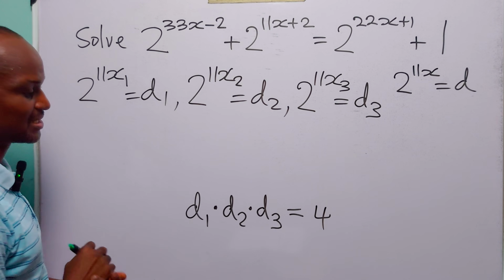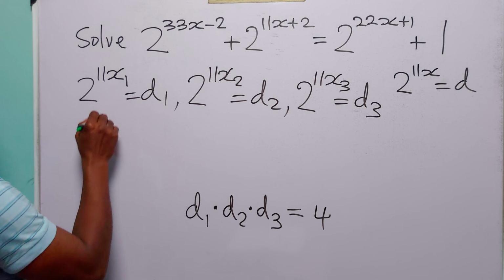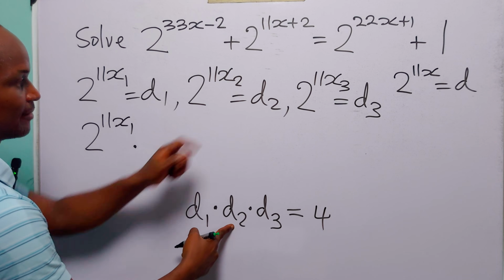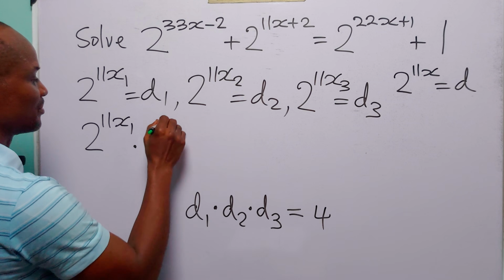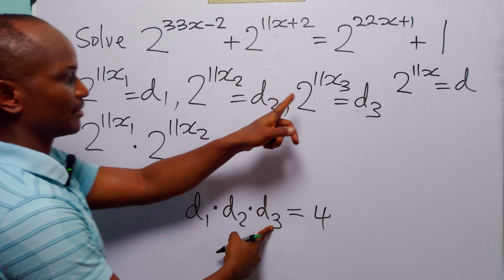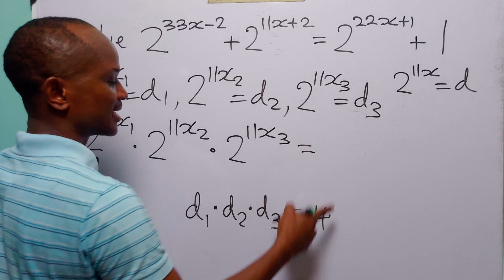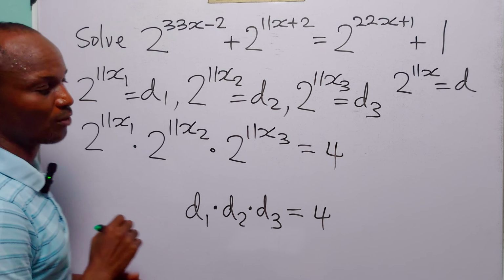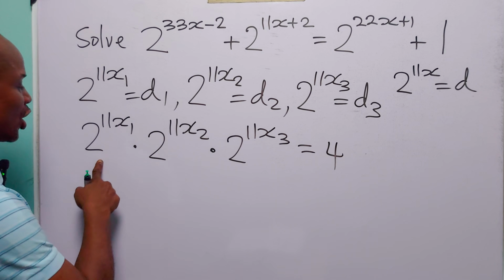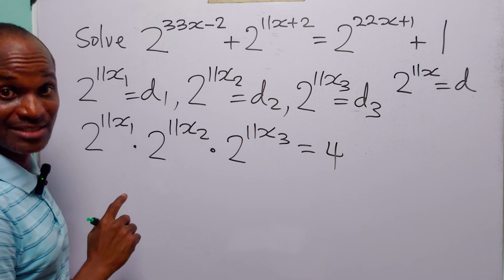So this simply means that from this equation, we have that 2 to the power 11x1 multiplied by 2 to the power 11x2 multiplied by 2 to the power 11x3 is equal to 4. And once more, remember that when we multiply numbers with the same base, all we have to do is add their exponents.